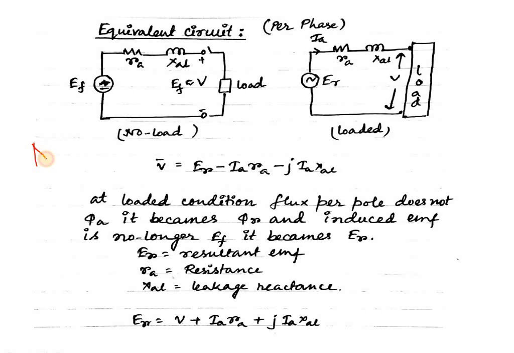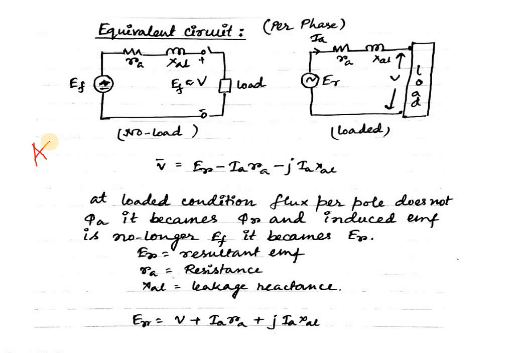Suppose we are considering phase A. Why are we considering only one phase? Because the three phases have the same nature. These phases are 120 degrees apart from each other, but the outputs of these phases are similar.